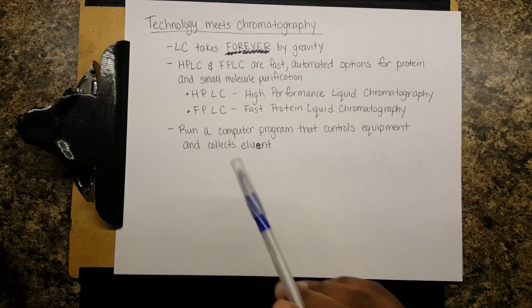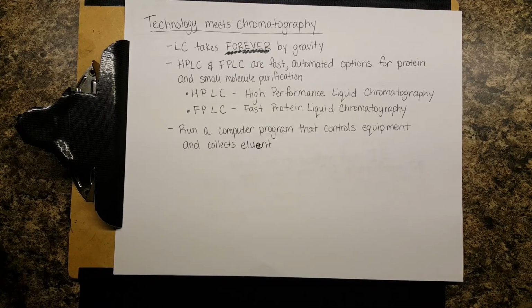FPLC is wonderful. You set up a program on a computer, you load up your column, you put your buffers in and everything. This machine will do all the things for you. It controls the equipment and it collects everything, all your fractions, and some of them will also read the absorbance of whatever is coming off the column and tell you, okay, there's a peak here, so using 280 nanometers, that's usually what you use to detect protein.